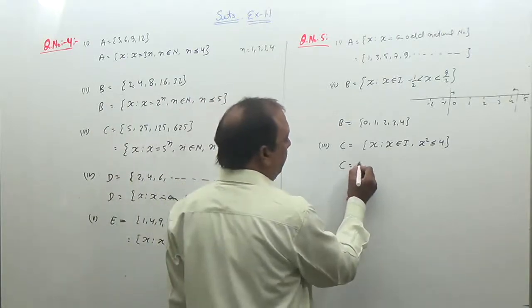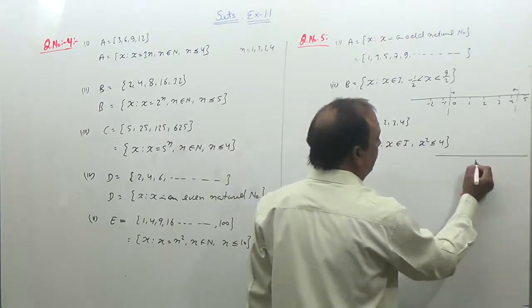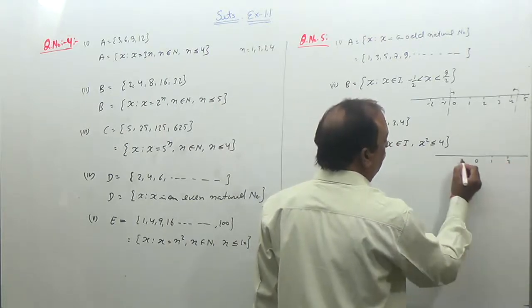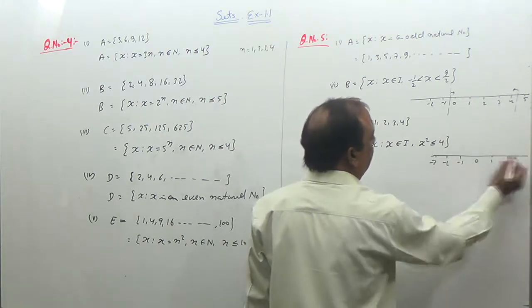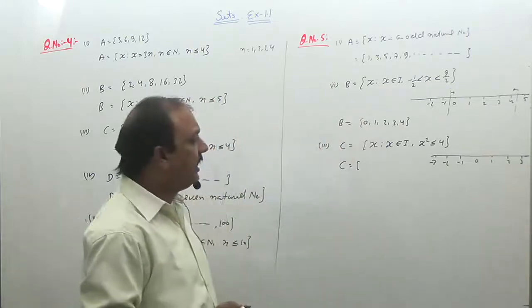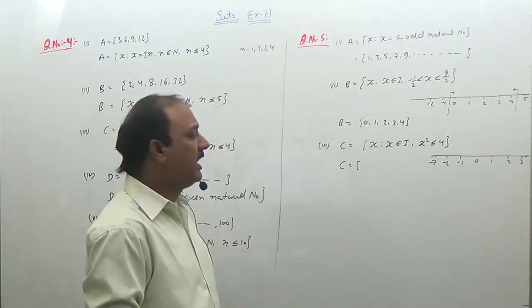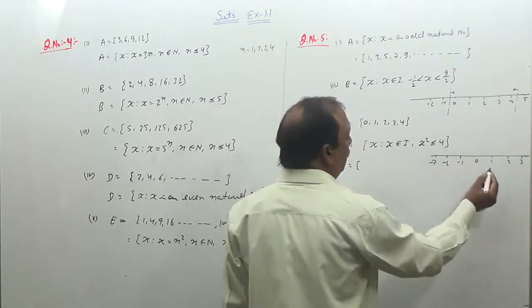So let us suppose this is the number line: 0, 1, 2, minus 1 and minus 2, minus 3 and 3 and so on. We want to take all integers whose square is less than or equal to 4.